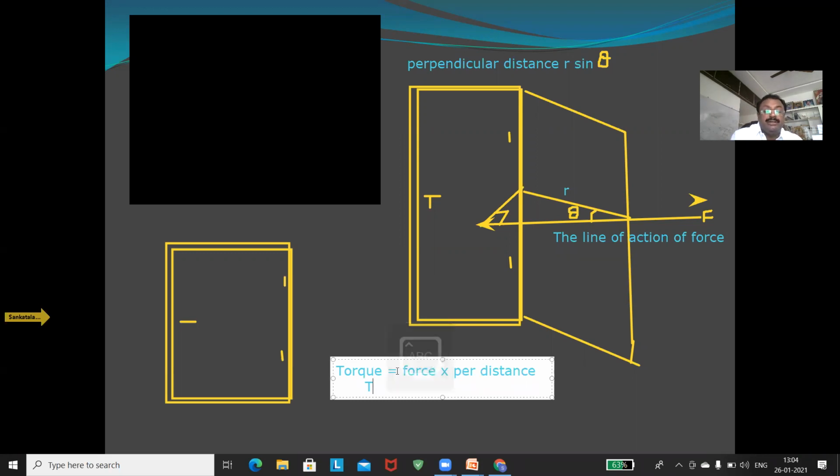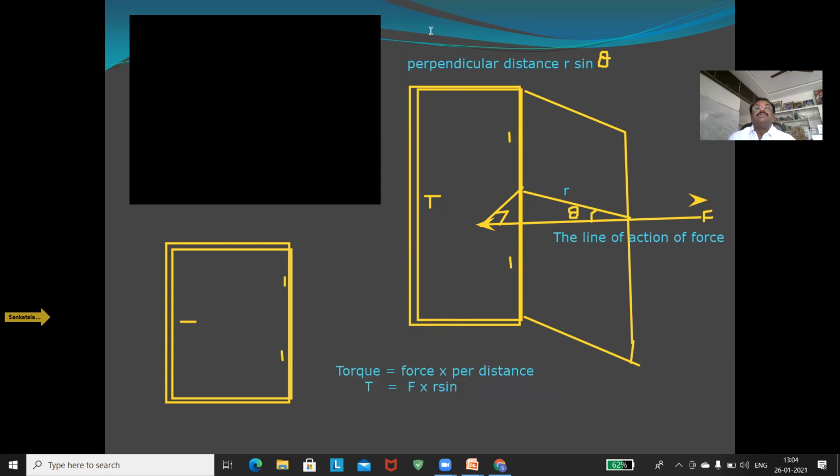It looks like the alphabet T. Force is equal to capital F. Perpendicular distance is equal to R sin theta. So this is the method to calculate the torque, the turning effect of the force: F into R sin theta.